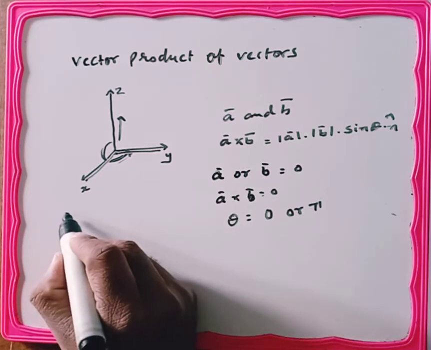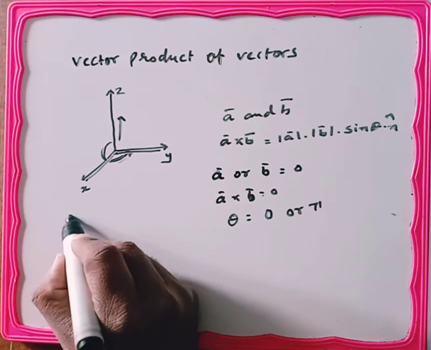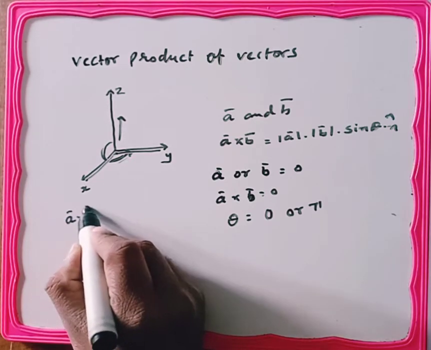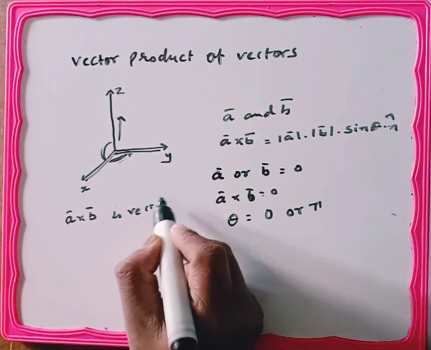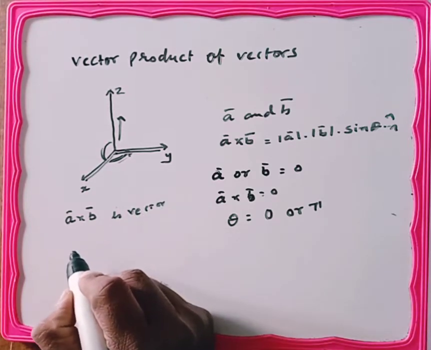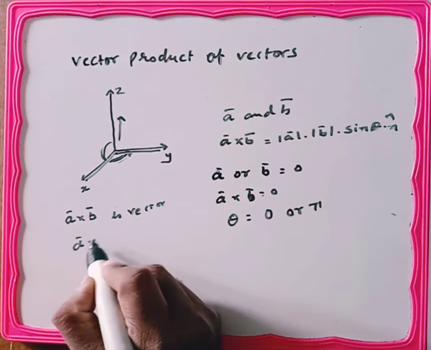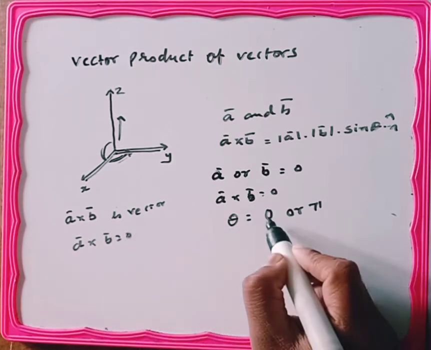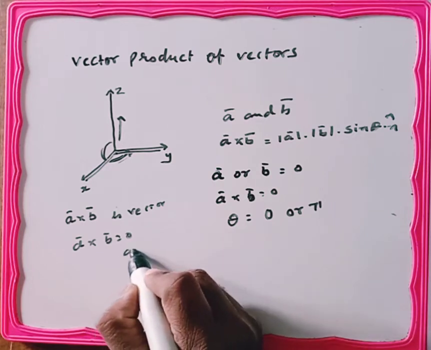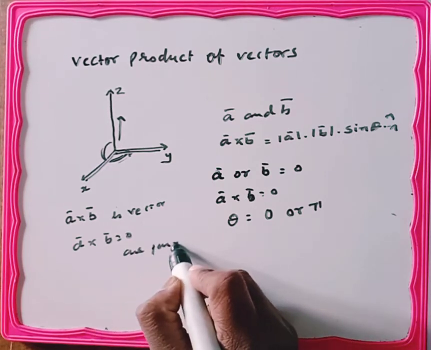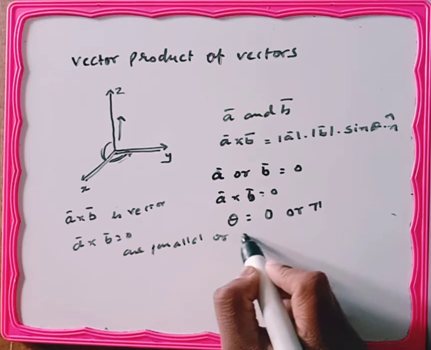Now some observations we can take. A bar cross b bar gives us a direction, so a bar cross b bar is a vector. A bar cross b bar equals 0 if and only if theta equals 0 or pi, meaning the directions of the two vectors are parallel or collinear.